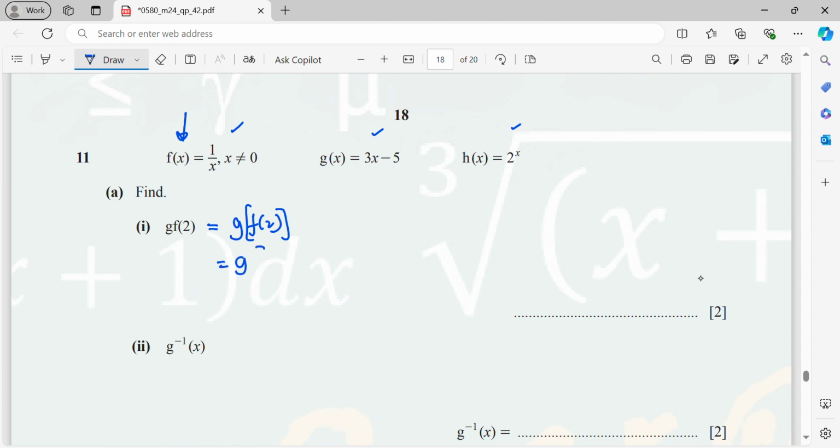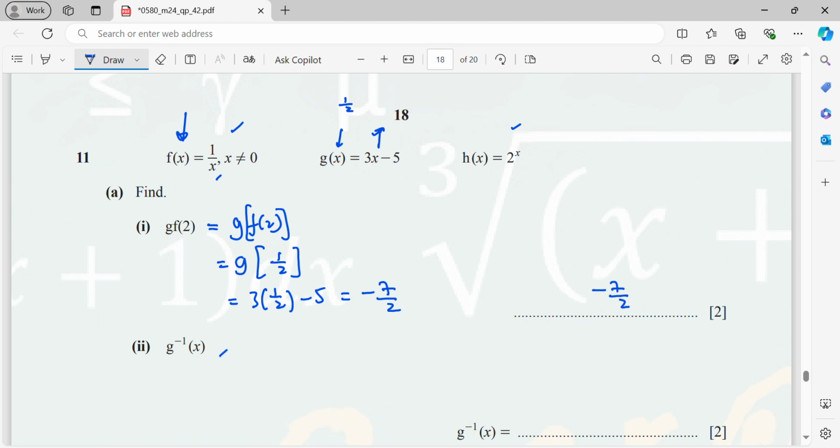So this is g of 1 over 2 because your x is 2 now. So to get g(1/2), just replace the x by a half. Okay, just replace accordingly. This is going to be 3 times a half minus 5. So at last, you will get negative 7 over 2. Done for the first part.